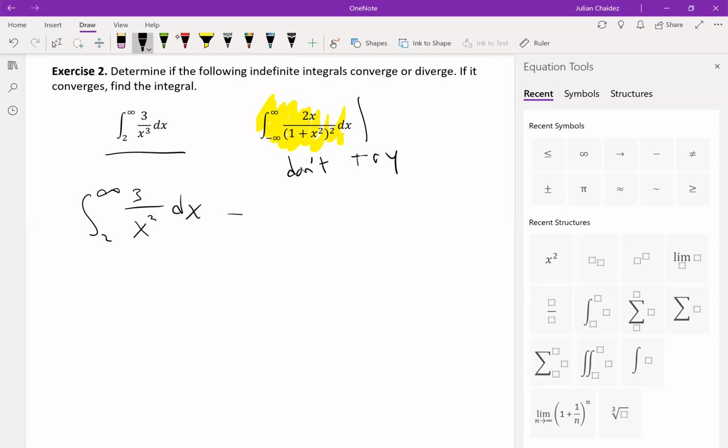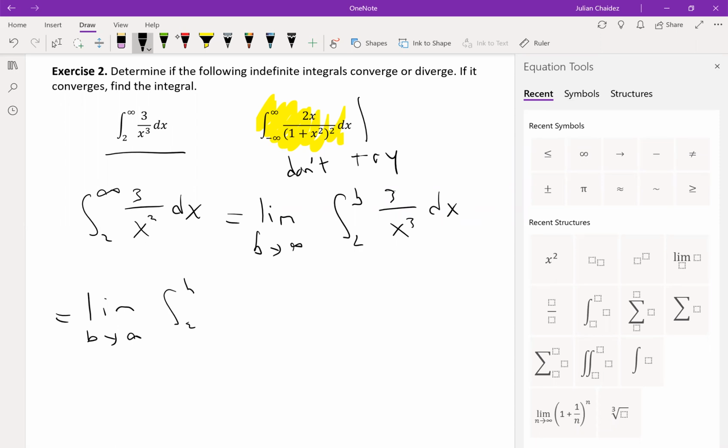By definition, I just apply the definition for this improper integral, and that's given as the limit as b goes to infinity of the integral from 2 to b of 3 over x cubed.